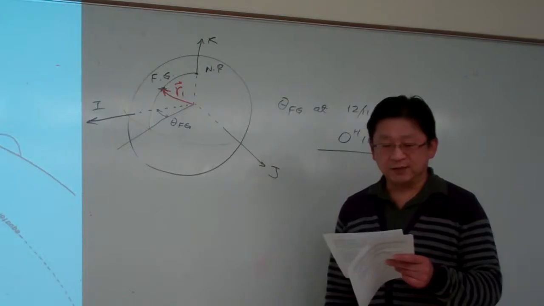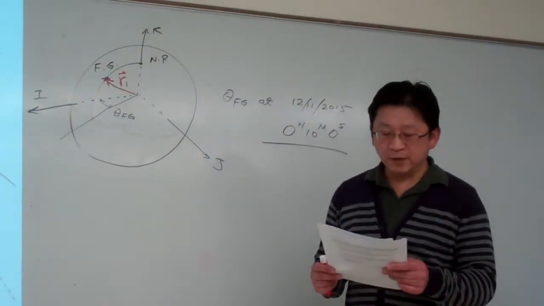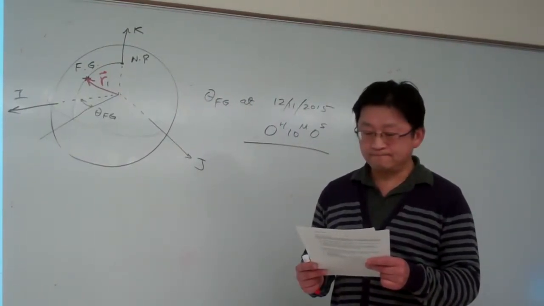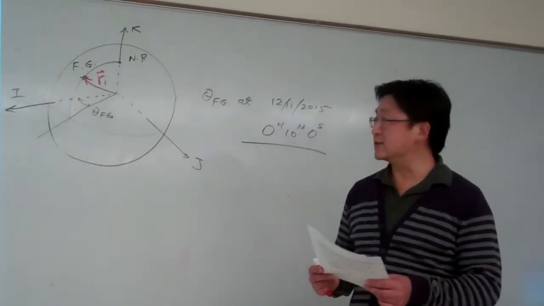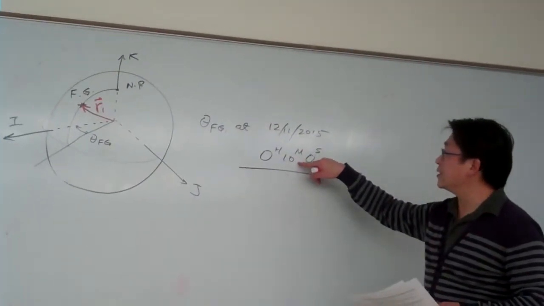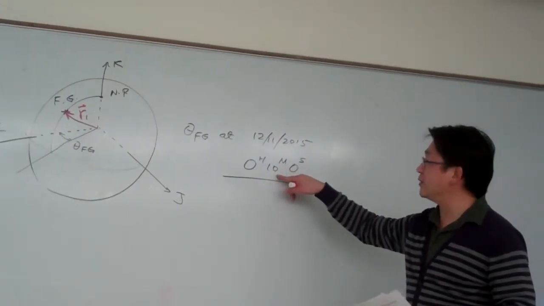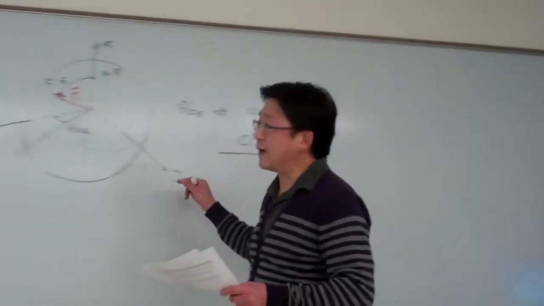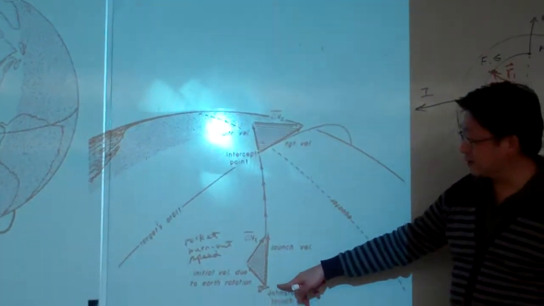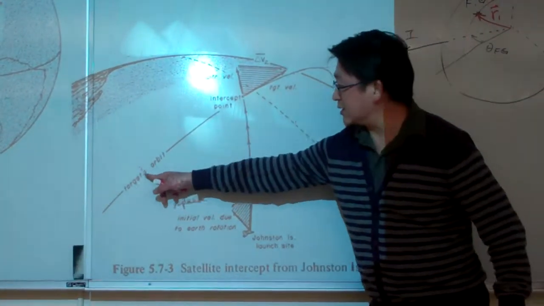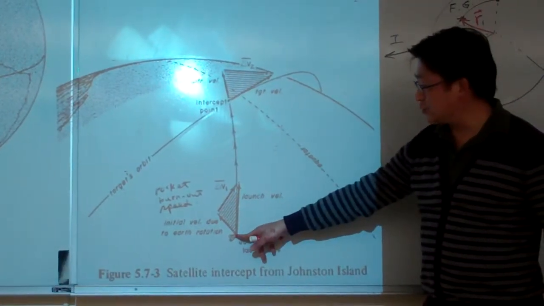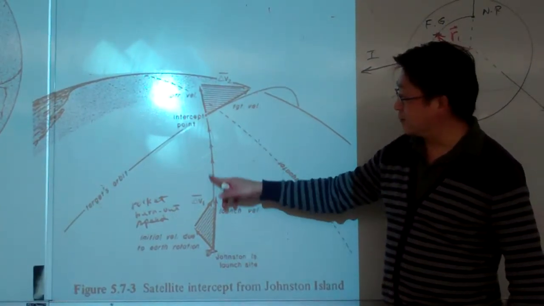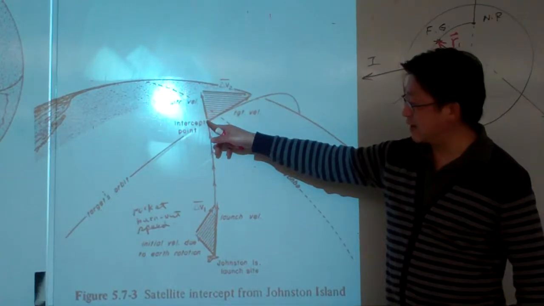For problem E, it is this. We select this time, 0 hour 10 minutes 0 seconds, as the launching time, and then from Fort Greely here, this is another view of the same picture, and this is the orbit of the satellite, this is the launching site, and that is the orbit for the interceptors to intercept the satellites here.